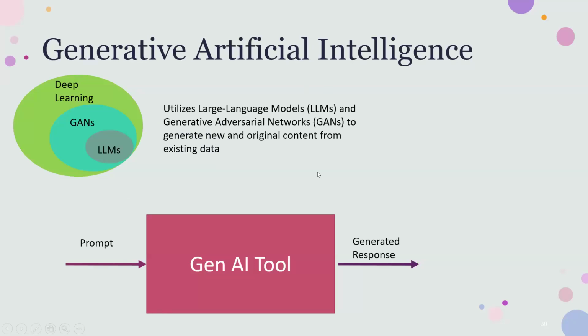In general, generative AI or Gen AI refers to techniques using machine learning models called large language models and generative adversarial networks, particular AI models that are used to generate new and original content from existing data.